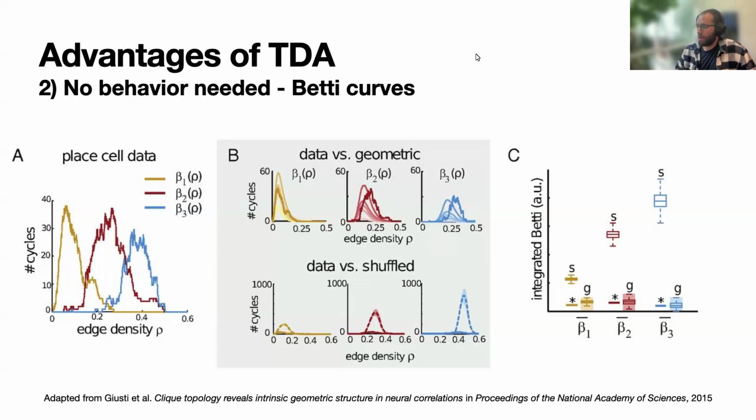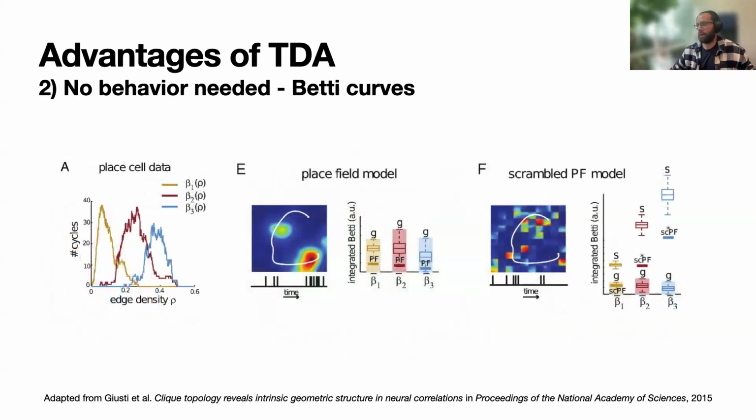Importantly, they didn't take this as their only null model. You can also compare to the sorts of distributions you see if you take the place field and just scramble it. Okay, so this is a more faithful null model. And so I've kept all the information about the cell, like its average firing rate, and so on and so forth. I've just destroyed the geometry.